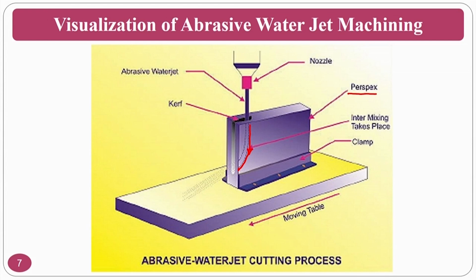So, the intermixing takes place in this one, because some of the abrasives hitting are at high kinetic energy, at the same time some of the abrasives are at low velocity, because they are already stagnant there, because of which this type of path is observed.